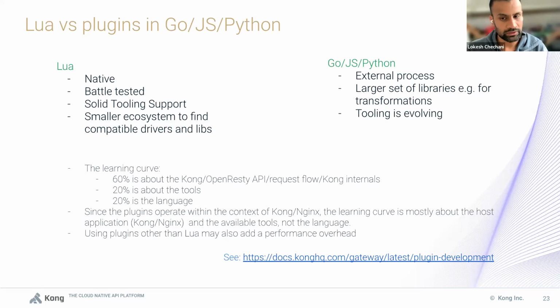From Kong's perspective, our tooling is evolving. We are working actively to support customers who want to write custom plugins in different languages. And bear in mind, sometimes using plugins in other languages than Lua can also add performance overhead, given one of the key differentiators is that plugins in other languages run as an external process, whereas Lua just runs natively.